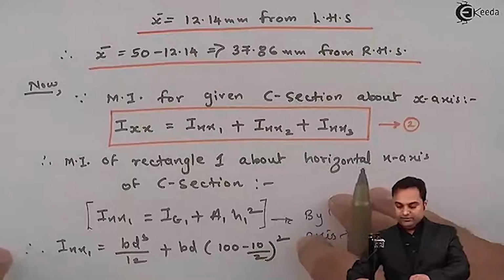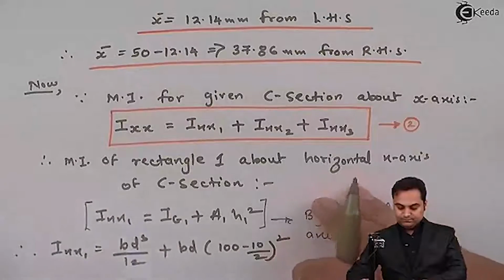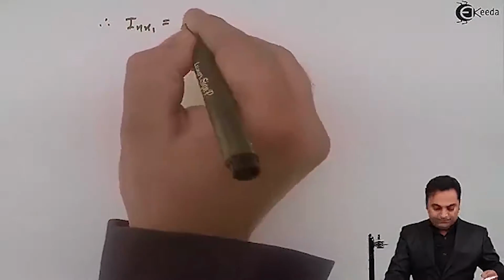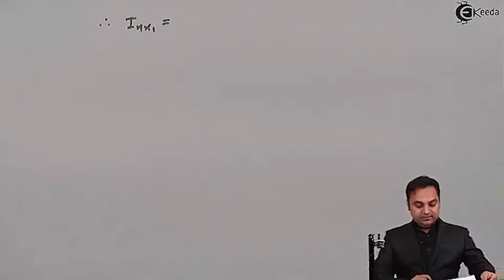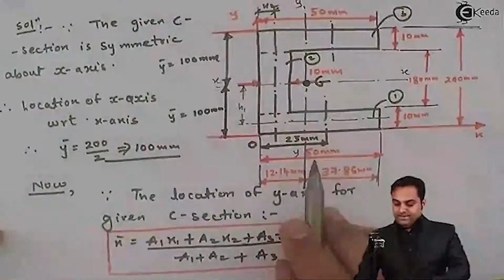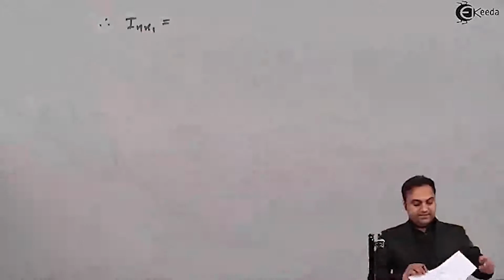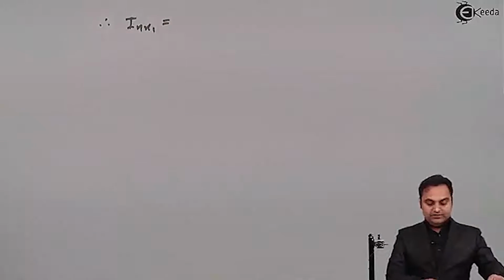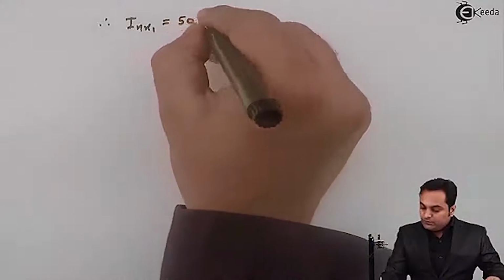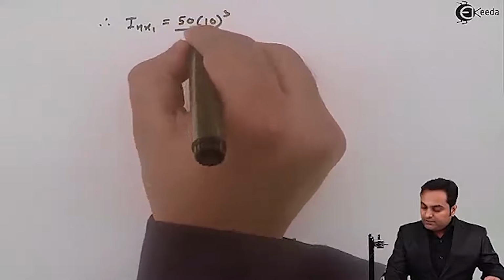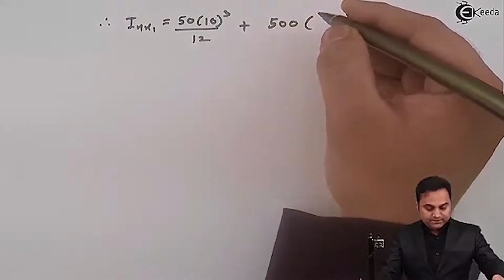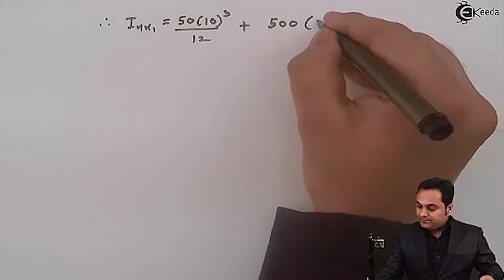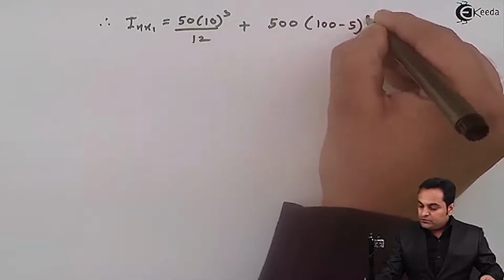So here I'll go on putting the values. Therefore Ix1 will be equal to the B and D values. For rectangle number 1, B is 50 and D is 10. So it is 50 into 10 cube by 12 plus area 500 into H1, which is 100 minus 5, whole square.